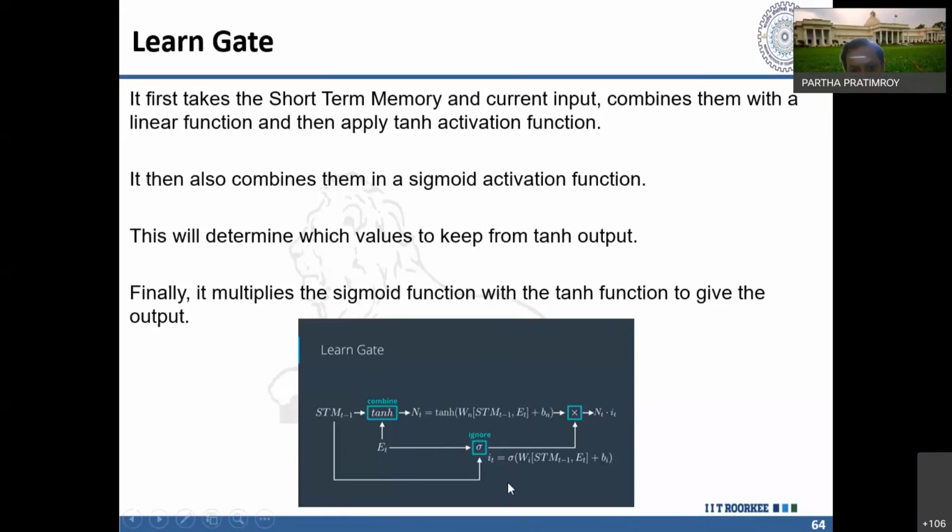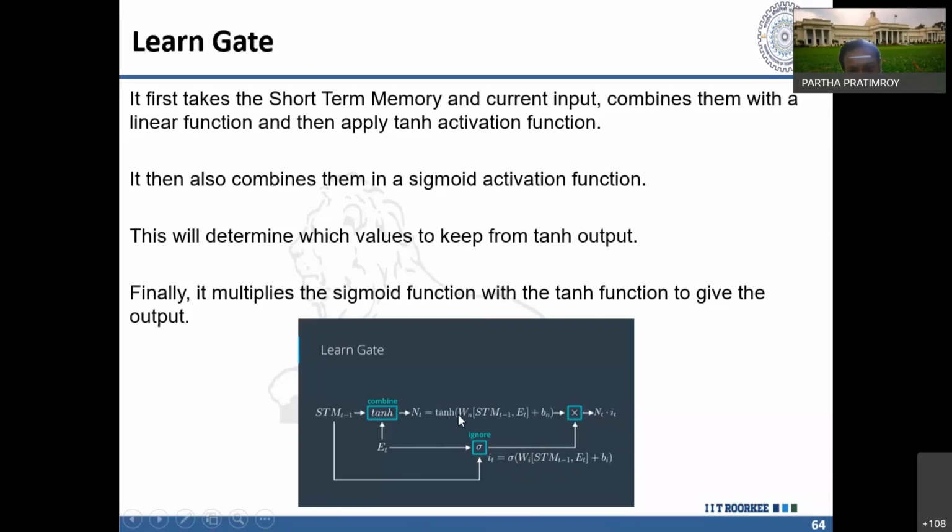So I1 is used with this sigmoid function of Wi, STM, the same W, the previous state H, which means this outcome, and this present information. You combine them using this sigmoid function. Okay, so that's the ignored part, and this is connected.